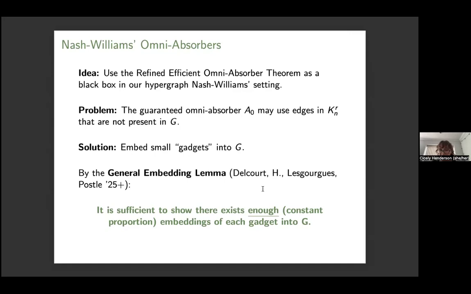And by the general embedding lemma, which we cooked up in 2025, it is sufficient to show there exist enough, a constant proportion of all the possible, embeddings of each gadget into G. So if nothing about the fake edges or private absorbers made sense, what we're doing at a high level is we just want to show that if we have a small subgraph that I want to embed, I have enough possible options for where to put that subgraph in G. And if that's true for every single thing we want to embed, then by this general embedding lemma, we're done. We've accomplished step 2 of the proof.